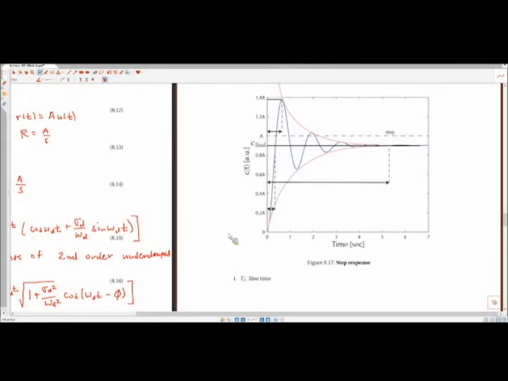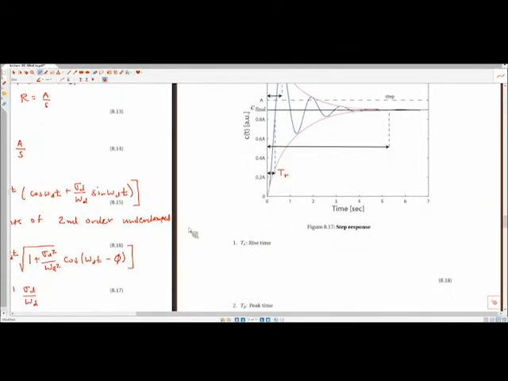And we have expressions for this. The expression for rise time is more of a rule of thumb. When we say rule of thumb, it means that the expression is actually much more complicated than this, but this rule of thumb that we'll use in this class, and it's widely accepted, is that the rise time is equal to 1.8 over the natural frequency.